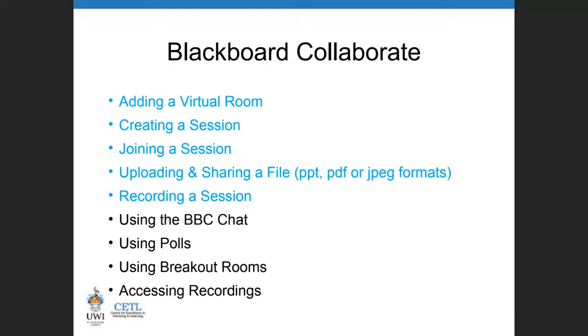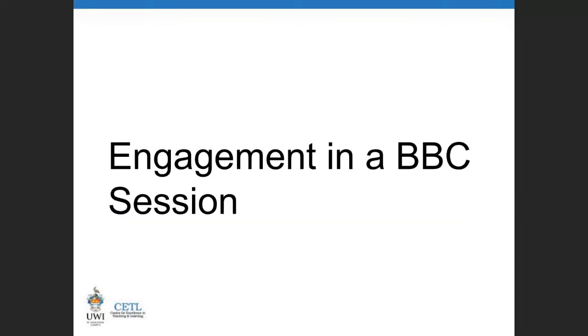So let's take stock of where we're at. We went through adding a virtual room to our sessions. We went through creating a session, joining a session, updating and sharing, uploading and sharing files. We looked at recording a session, which I just showed you. And some of the things that we're going to look at now, I kind of did already. And now these are really engagement avenues through Blackboard Collaborate.